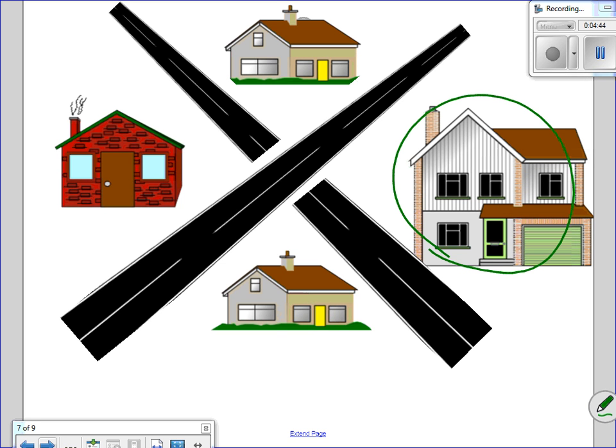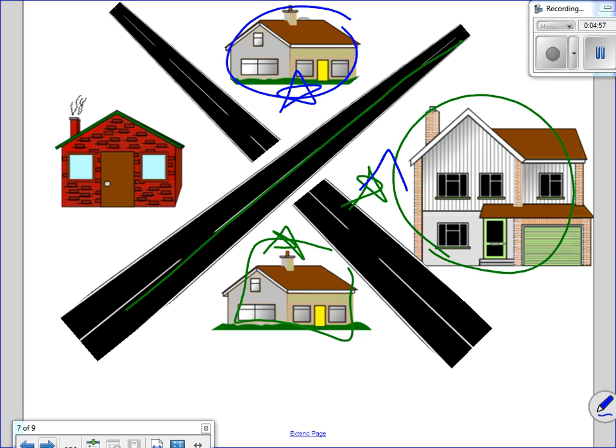Addie could have a neighbor right here, which would make an adjacent angle, right? Because I'm dealing with this straight line. This is an adjacent angle to this because they're right next to each other. Addie could also have this house be a neighbor because of this straight line. The only house that is not adjacent to Addie's house that I circled previously is the one that is directly across. This is not an adjacent angle. This would be considered a vertical angle because it's directly across.